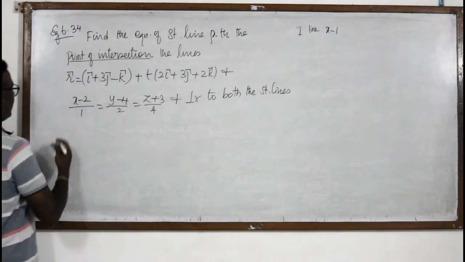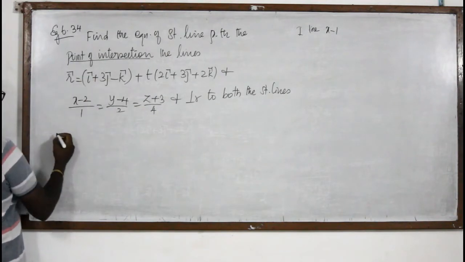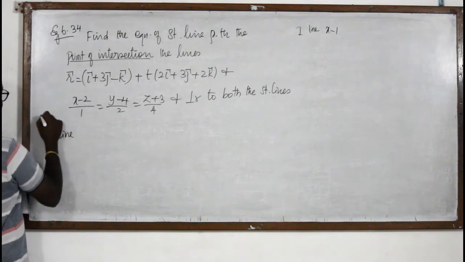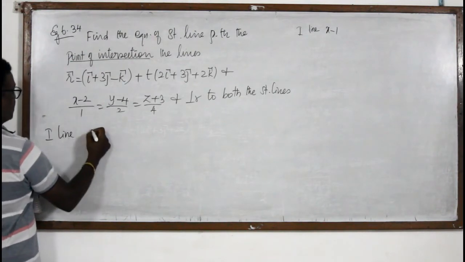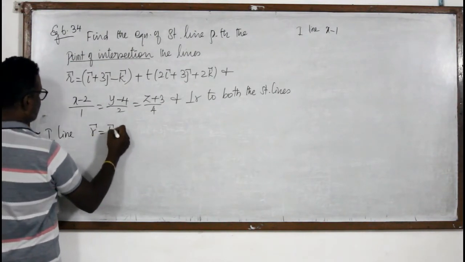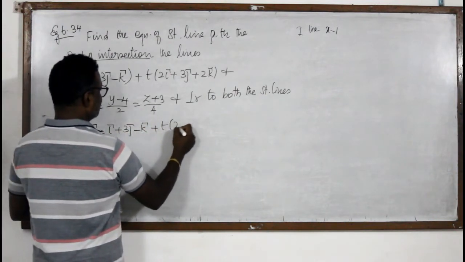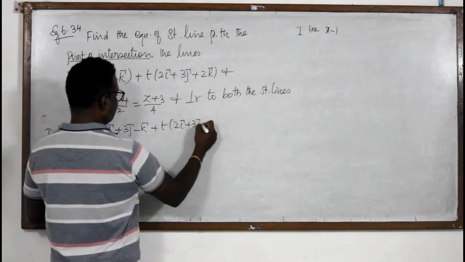So first we shall find the point and vector. Let me take the first line as given: R vector equal to i plus 3j minus k plus t into 2i plus 3j plus 2k.